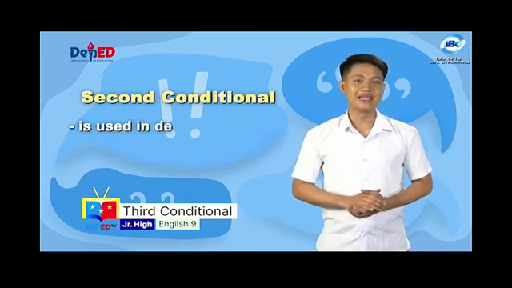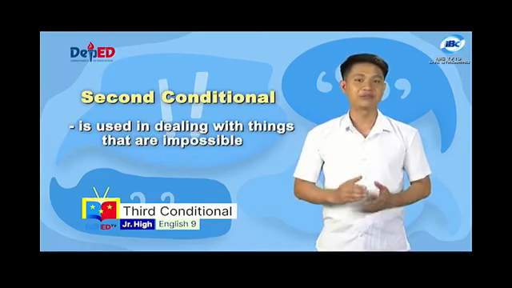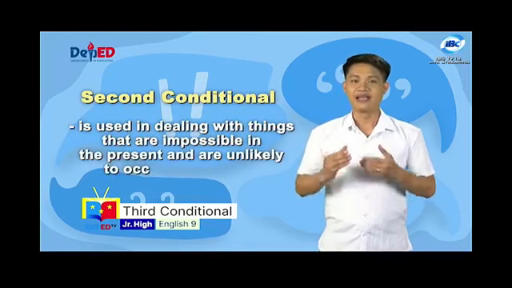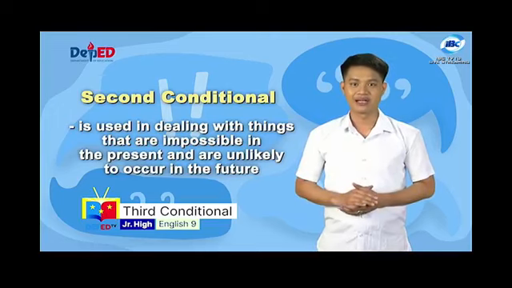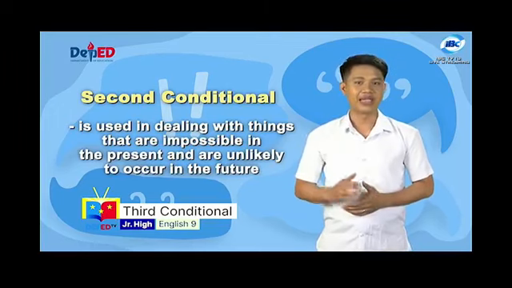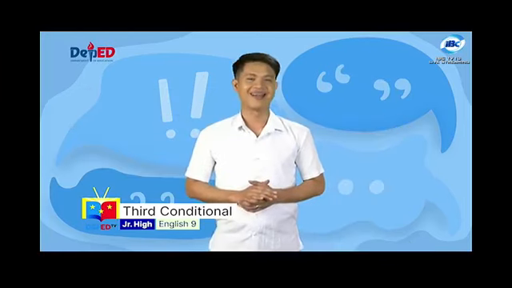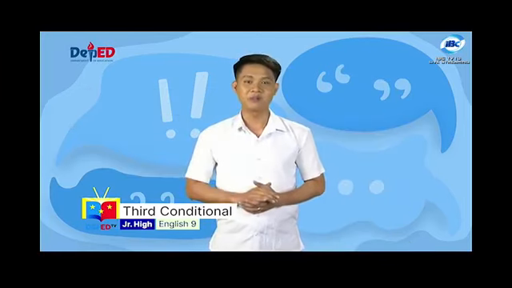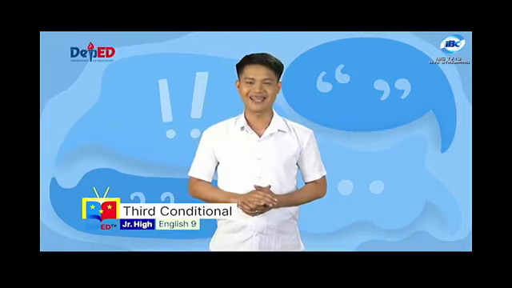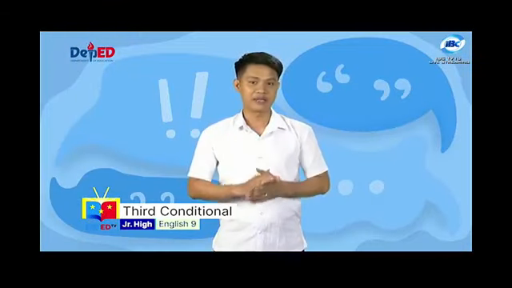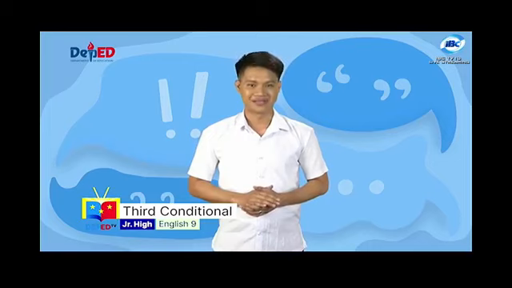We use it in dealing with things that are impossible in the present and are unlikely to occur in the future. Unlikely to become real in the future, but not completely impossible. I'm amazed. I sure hope you'll always remember our lessons, okay? As promised, we'll talk about the last one.